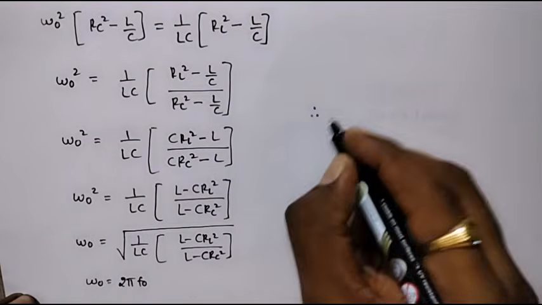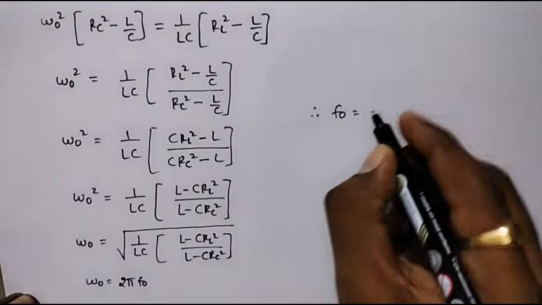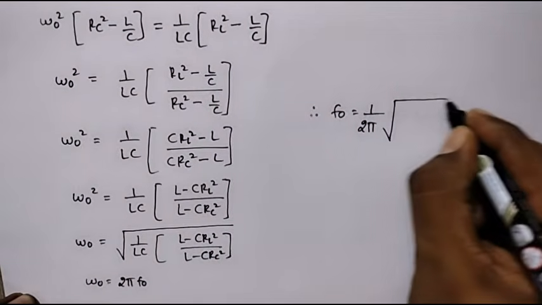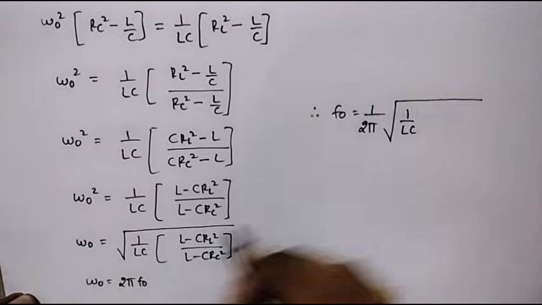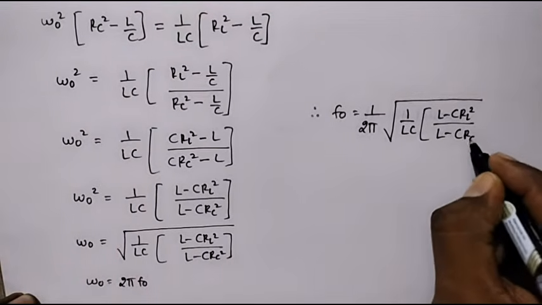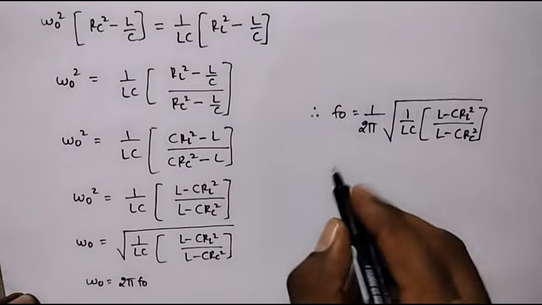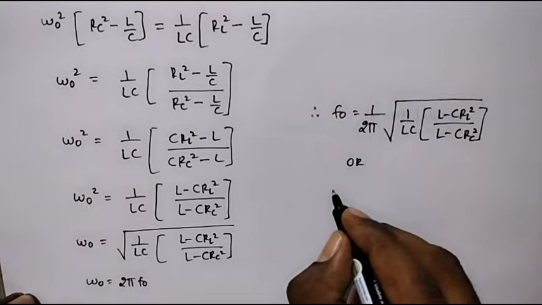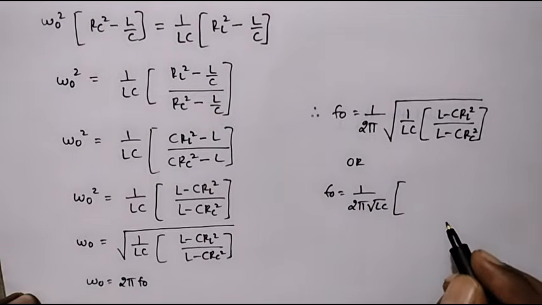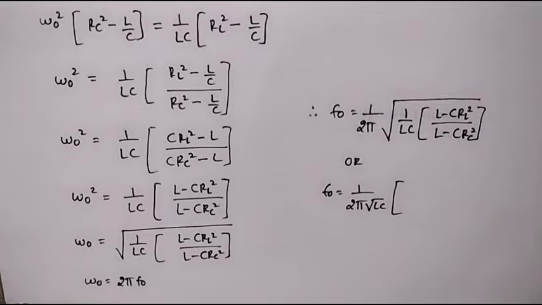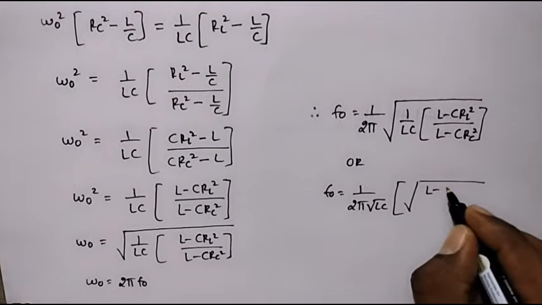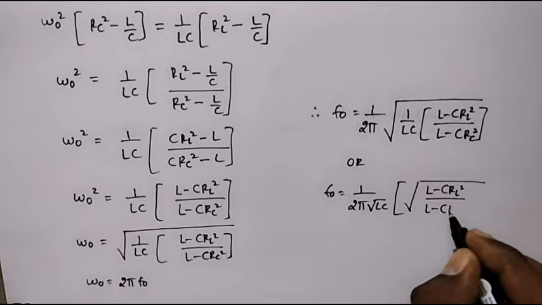Therefore I can write this equation as f naught equal to 1 over 2 pi under root 1 over LC times (L minus C RL square) divided by (L minus C RC square), or this can also be written as f naught equal to 1 over 2 pi under root LC times root of (L minus C RL square) divided by (L minus C RC square).